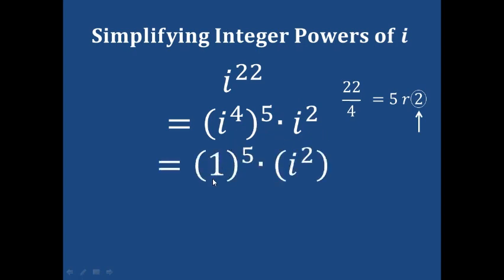Now, i to the power 4, we know that equals 1, so this is actually 1 to the power 5, and we're still multiplying by i squared. Now, this simplifies to just i squared, and we already know that i squared is equal to -1. So essentially, i to the power 22 is equal to -1.